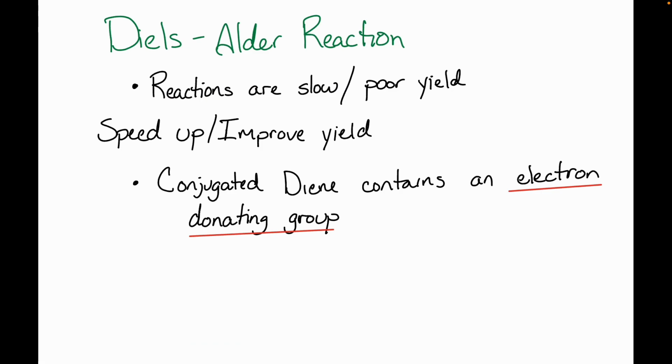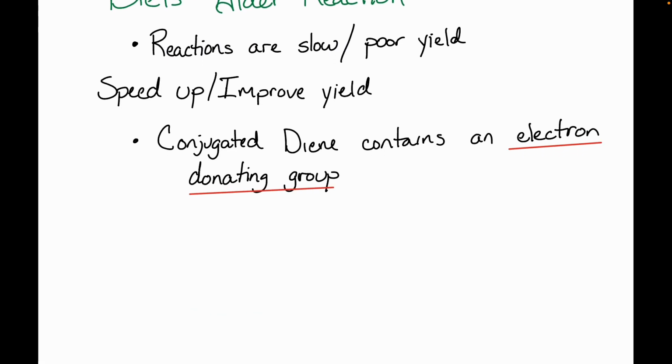So let me just draw an example here, and then I'll point out the feature that makes it an electron donating group. If we have one of our conjugated dienes, we're going to stick a functional group on there that has a lone pair in the allylic position.